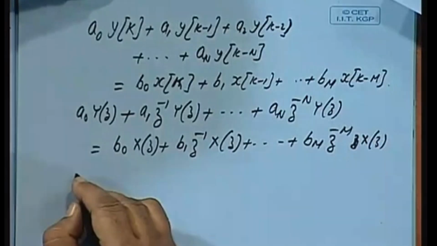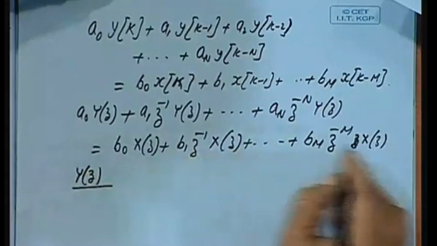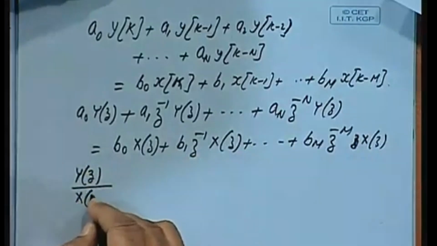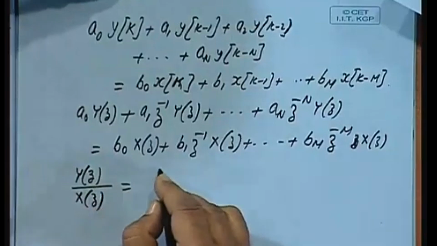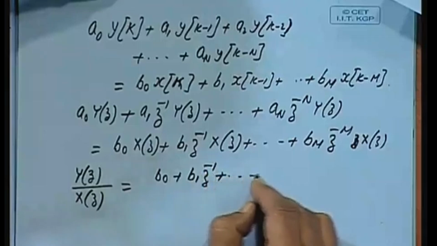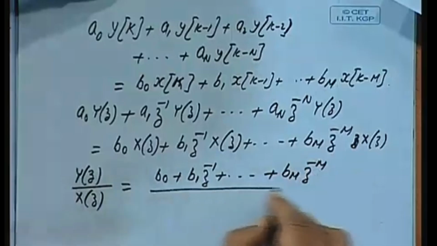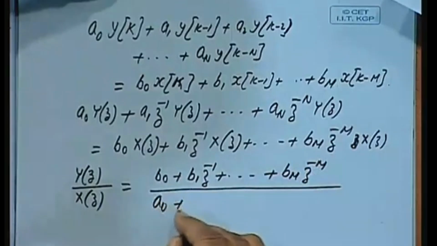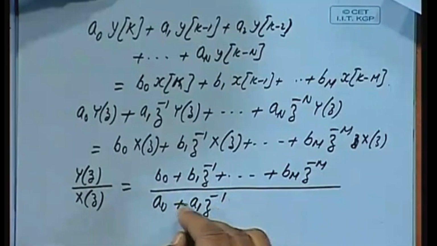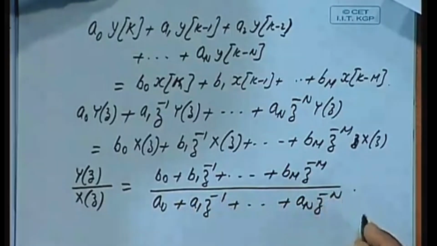I can take yz common, similarly on this side I can take xz common, and y by x will be B0 plus B1 z inverse and so on up to Bm z to the minus m divided by A0 plus A1 z inverse and so on An z to the power minus n. We call this as transfer function in the discrete domain.